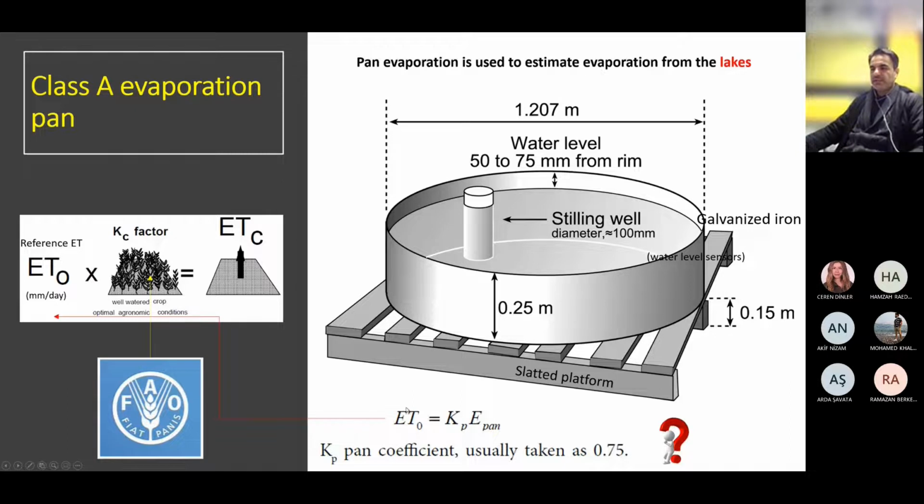So we have ET0 measured from the evaporation pan.